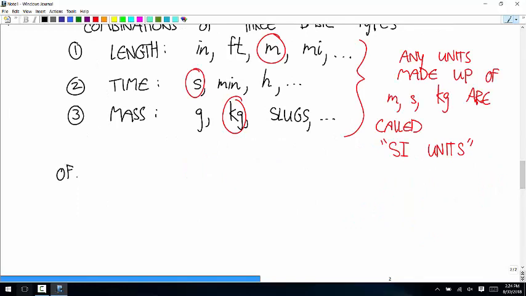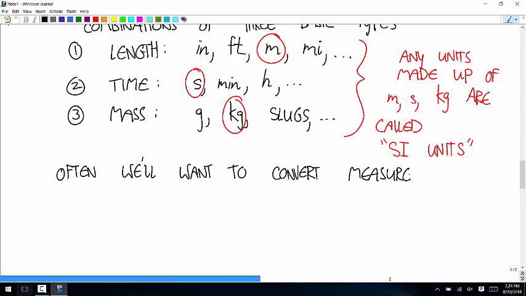So often, we'll want to convert a measurement from one unit to another of the same type.